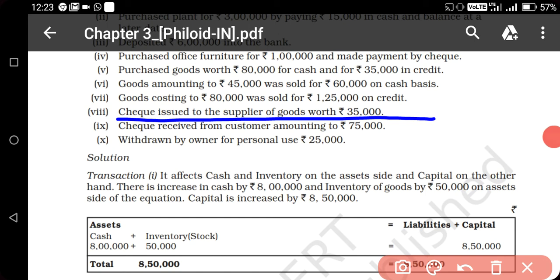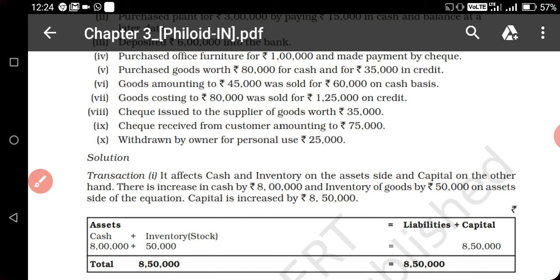Check issued to the supplier of goods worth rupees 35,000. Earlier we purchased the goods on credit. Now we are making the payment by issuing the check of rupees 35,000.